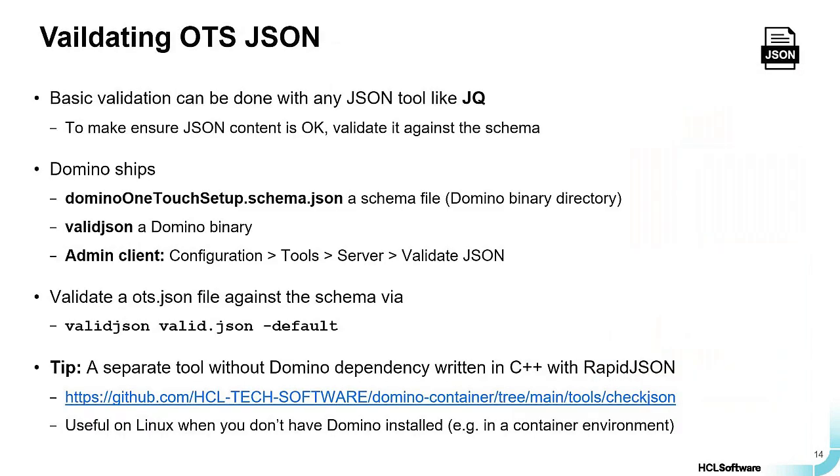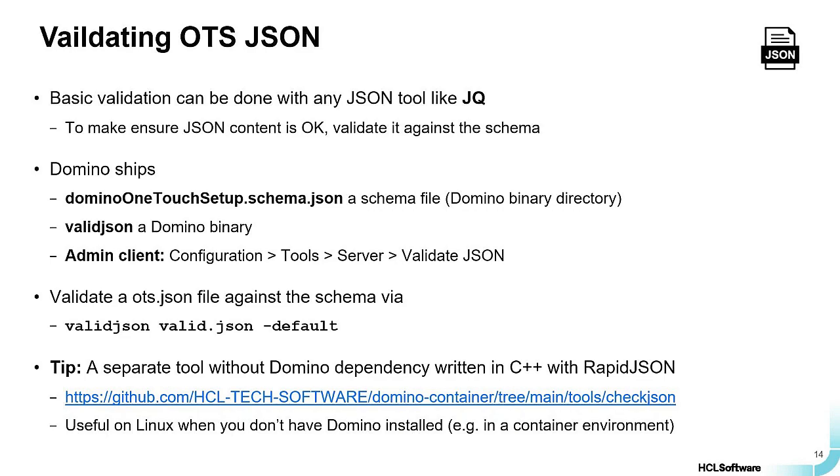Okay, so when you have a JSON format, it's very simple to get it wrong. So there are two different levels of validation. So the JSON itself can be validated with jq or any other tool.